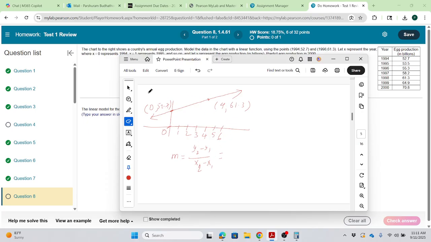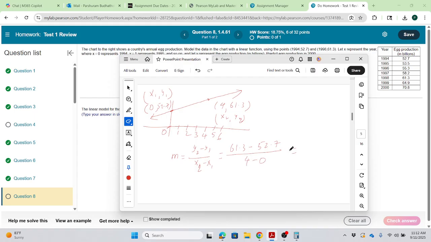In this case, let's assume that this is the first point and this is the second point. So y2 is 61.3, y1 is 52.7, divided by x2 which is 4 and x1 which is 0.